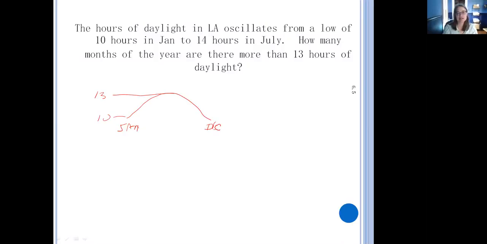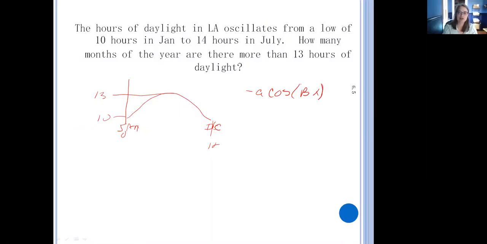What's this look like? Kind of almost looks like the cosine, doesn't it? If we make January be 0, and December would be month 12. So cosine, it's upside down, but it could be an inverted cosine, so negative something times the cosine of something times x, where x is the months.